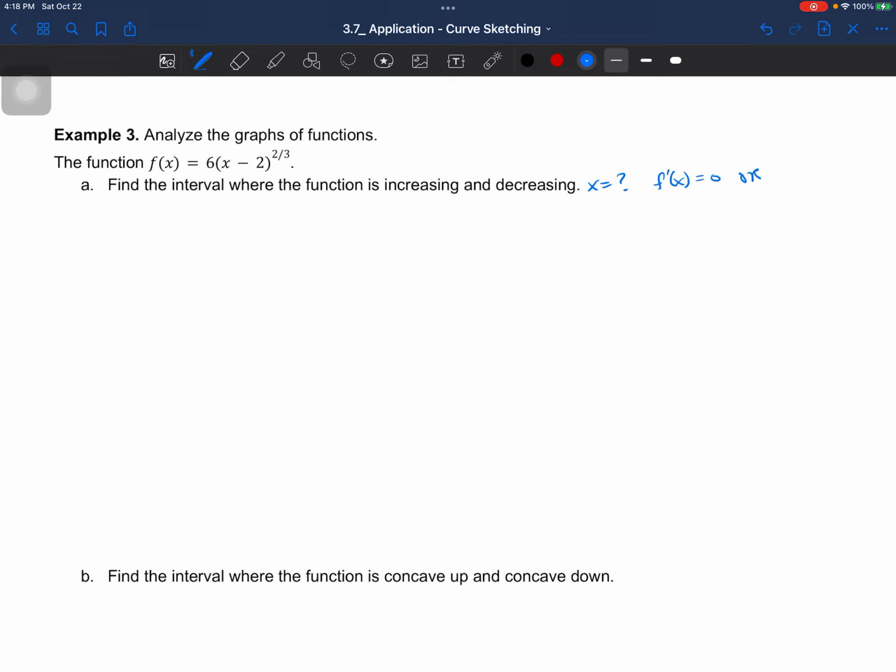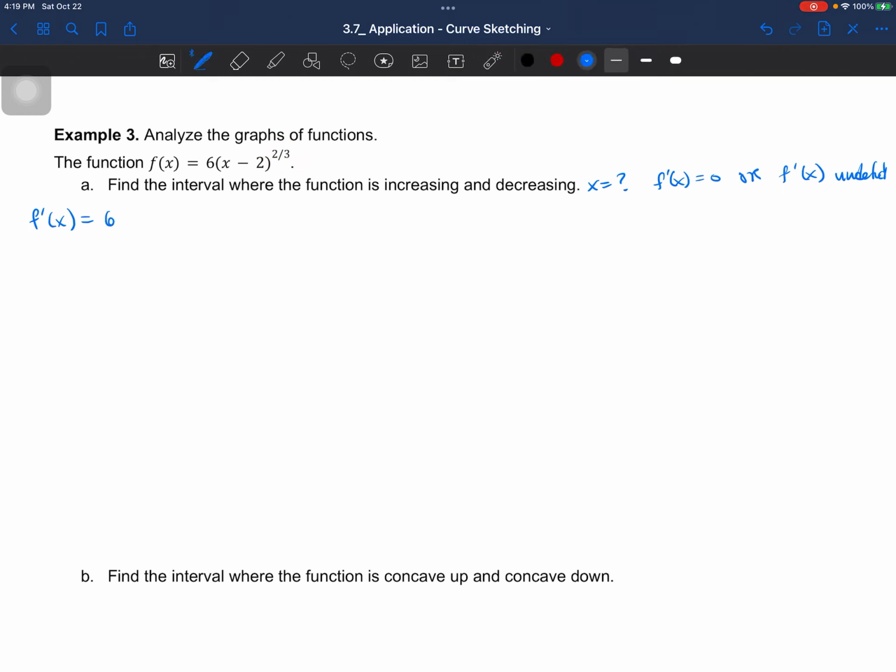We find the x values such that the first derivative is 0 or the first derivative is undefined. Right, so let's take the derivative of this first.